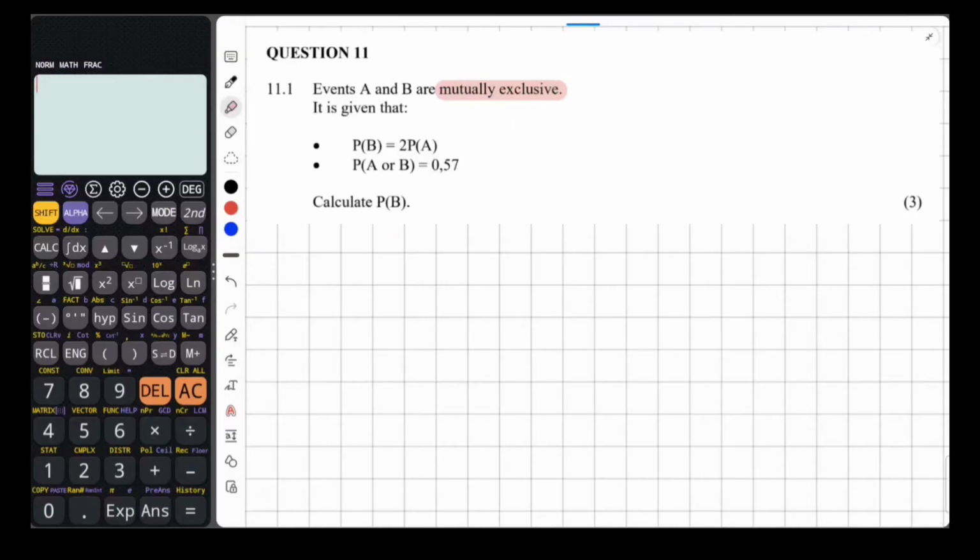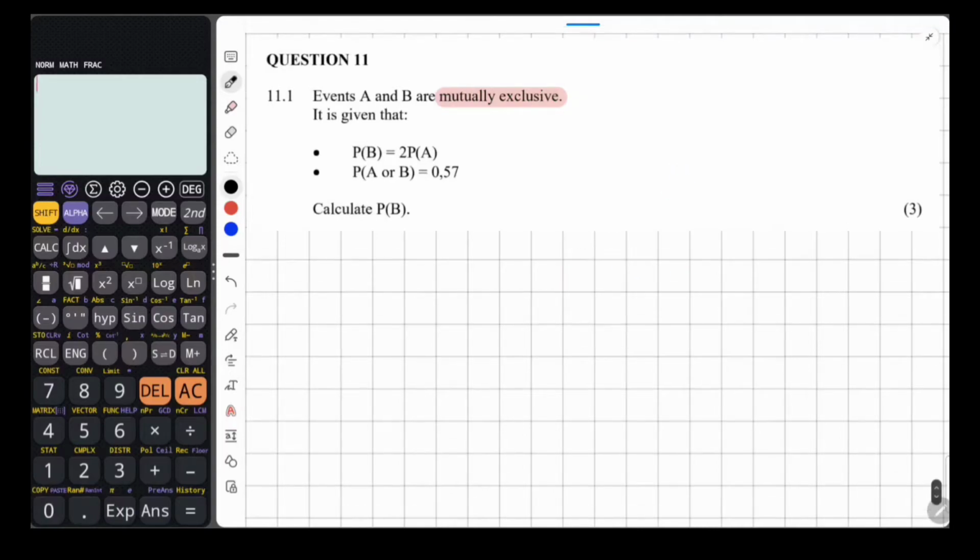They told you that A and B are mutually exclusive. This is a diagram of mutually exclusive events. A way that I help my students to remember this is we look at event A and B. If events are mutually exclusive, it means that these events have mutually agreed to exclude each other.